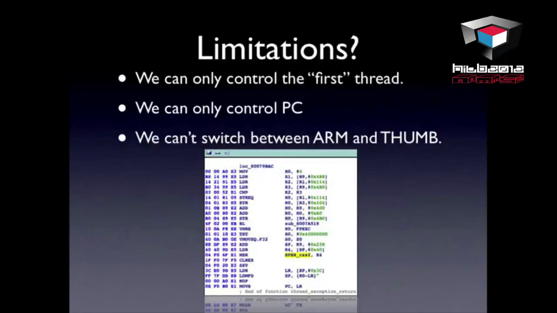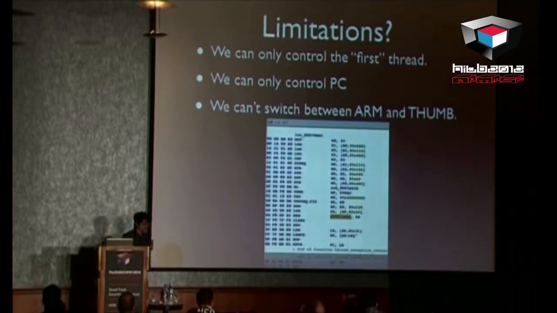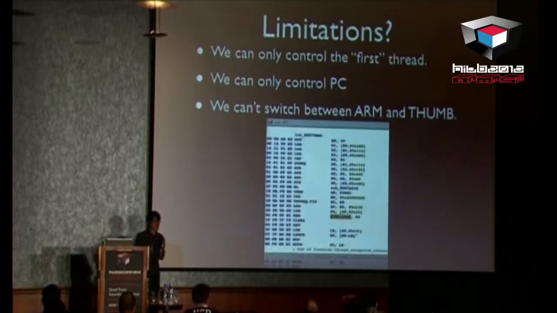And this is an IDA dump of thread exception return, which is how all functions on iOS return from syscalls and so on. This demonstrates why you can't switch between ARM and thumb mode. Maybe people don't know about the ARM architecture, but there's actually two instruction sets, ARM and thumb. ARM is a 32-bit instruction set, and thumb is a 16-bit instruction set.